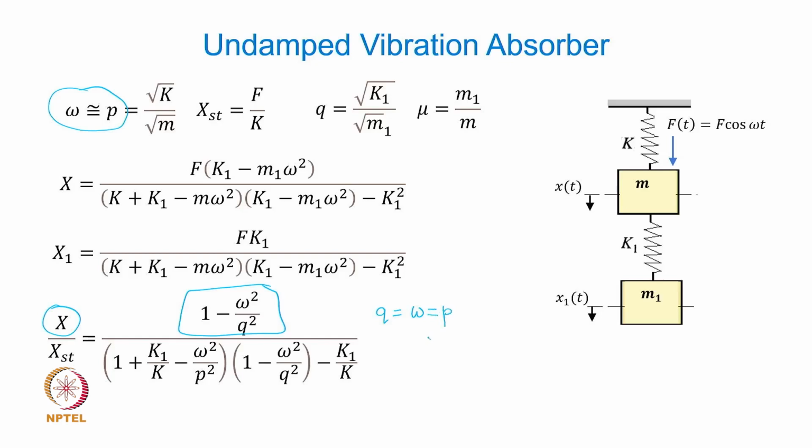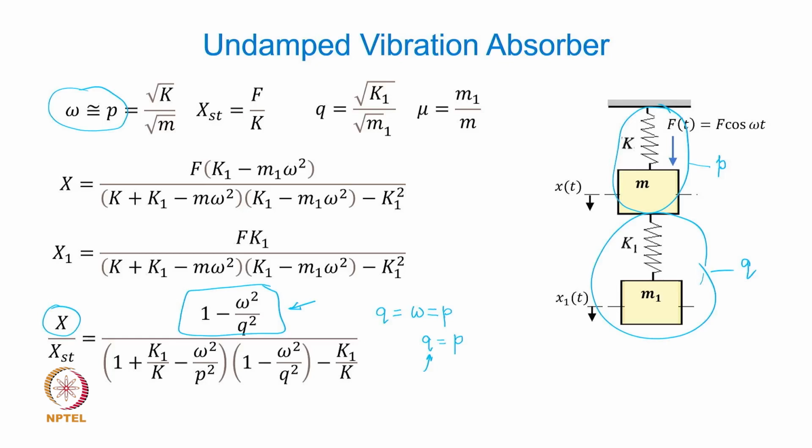In effect, it actually means that if I design the absorber, this absorber is characterized by its own natural frequency q, and the parent system can be characterized in terms of its natural frequency p. What this equation tells us is that if you design this vibration absorber with its natural frequency equal to the natural frequency of the parent system, you can expect the amplitude of vibration of the parent system becoming 0.